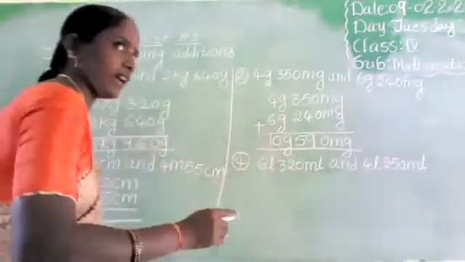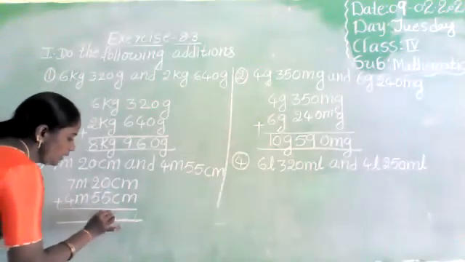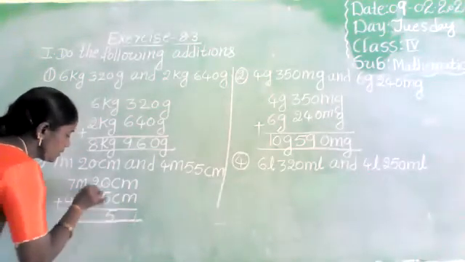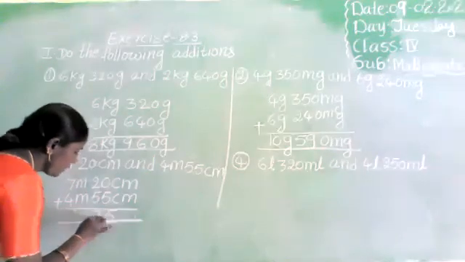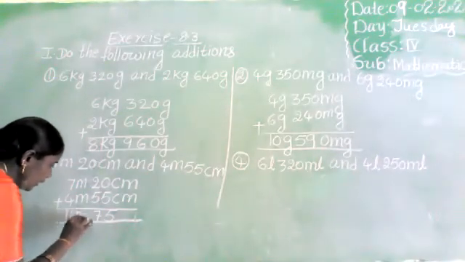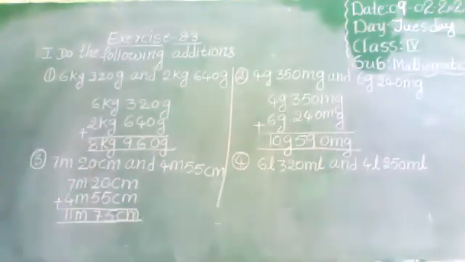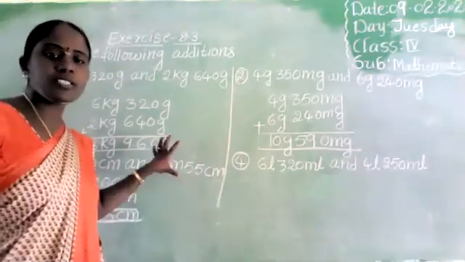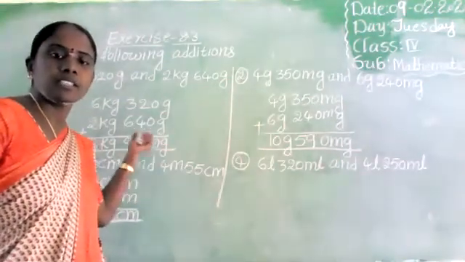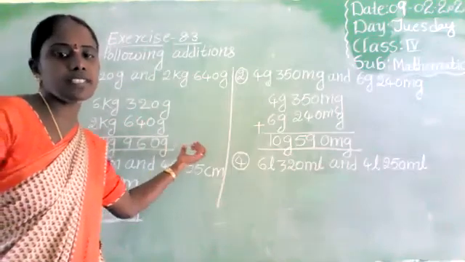So write 75. Or add in this way also. First 0 plus 5 is 5. Next 2 plus 5 is 7. Next 7 plus 4 is 11. 11 meters 75 centimeters. Did you understand? How can we add given length, weight and capacity?